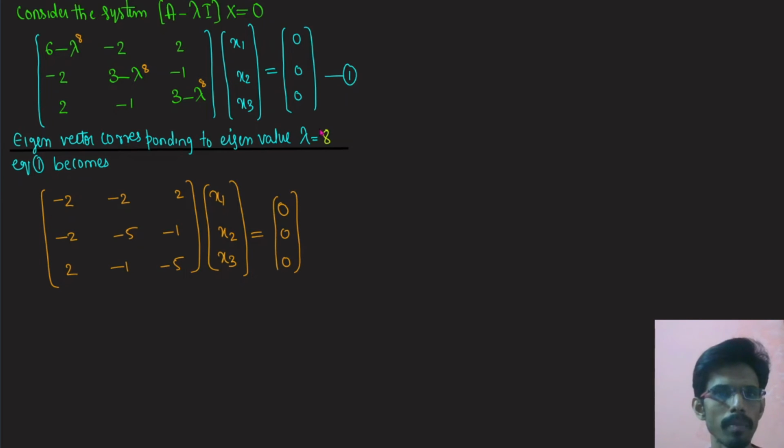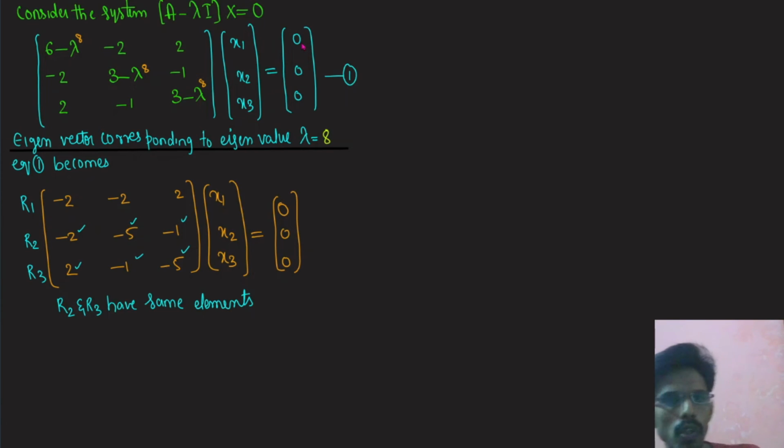Now we have this system of equations. This matrix equation has 3 rows, R1, R2 and R3. If I carefully observe R2 and R3, we have 2, 2, 5, 5, 1, 1. So R2 and R3 have the same elements, so these two will represent a single equation.